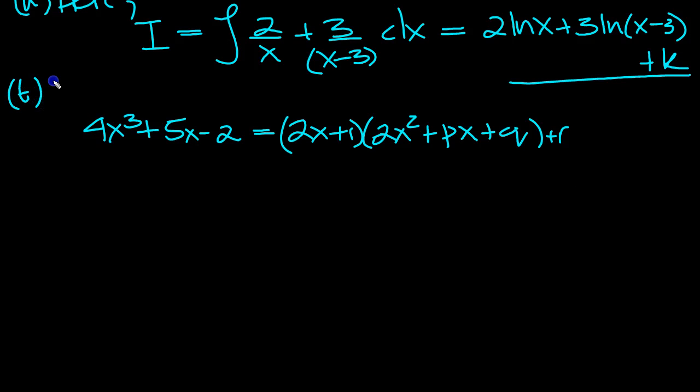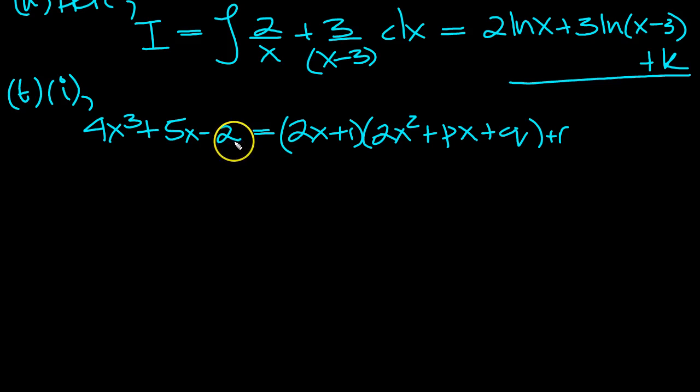So we need to find p, q and r then. Well, what should we do? We've got x cubes. We could equate x squareds, couldn't we? Because there's no x squareds here. Or we could equate x's.